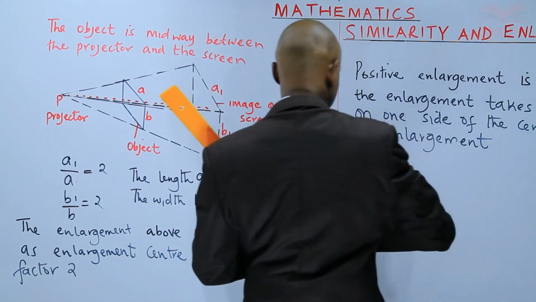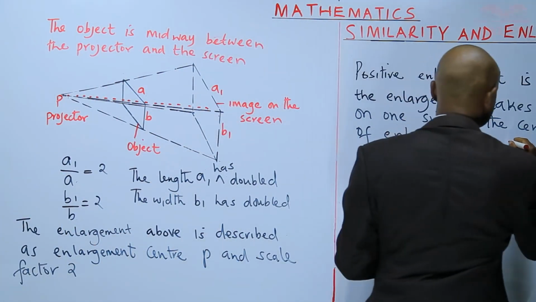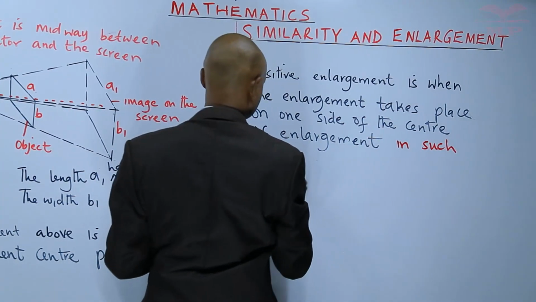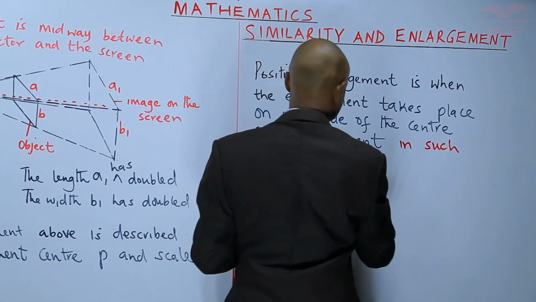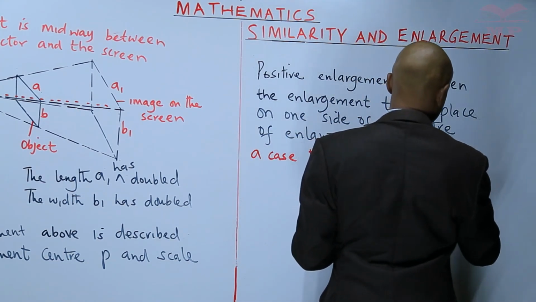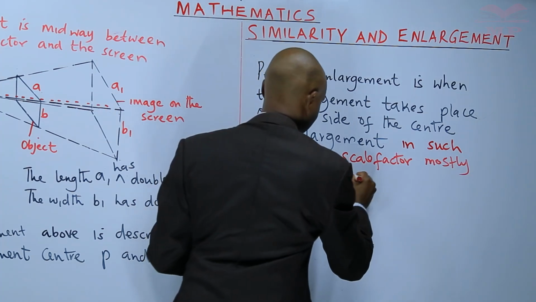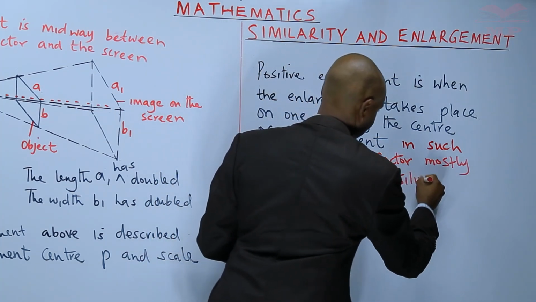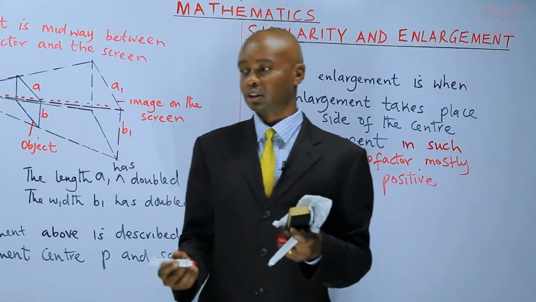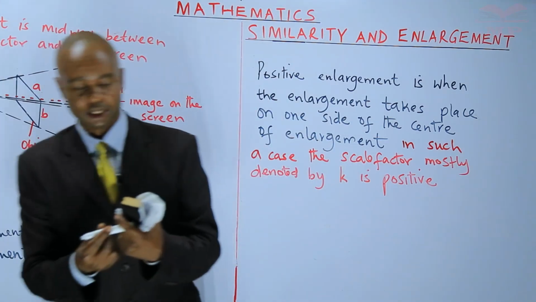And in such a case, note that the scale factor, mostly denoted by K, is positive. Like in our case here, this factor will be positive. When we come to negative, which we will not deal with right now, the scale factor will be negative.